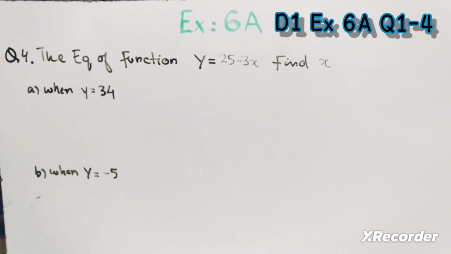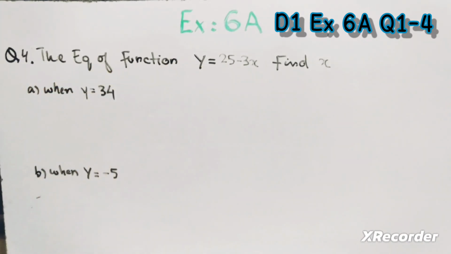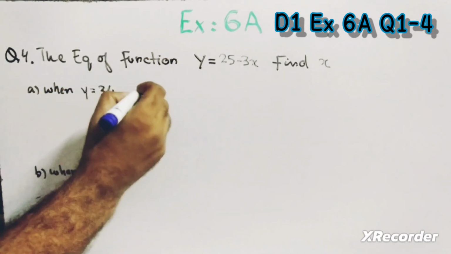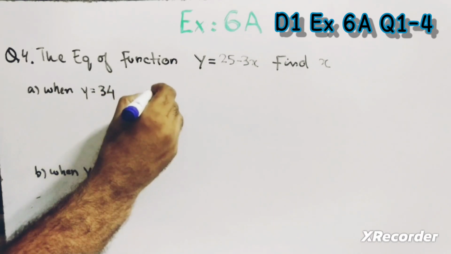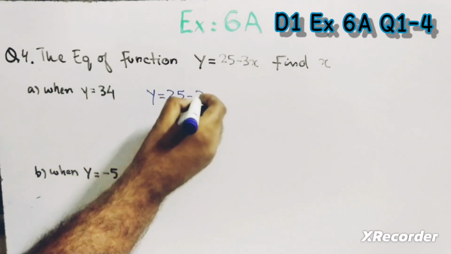Now moving towards question number 4. In question number 4, the equation of a function is given as y is equal to 25 minus 3 times x. Find the value of x when, first part, y is equal to 34. So we have to find the value of x from the given function. The given function is y is equal to 25 less 3 times x.